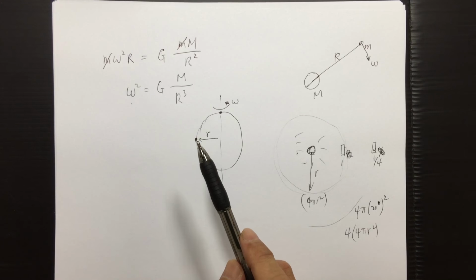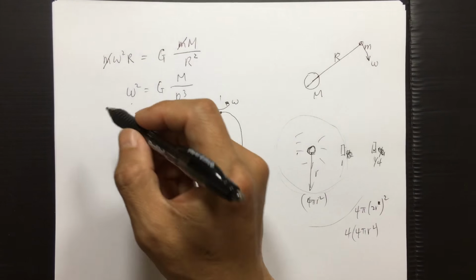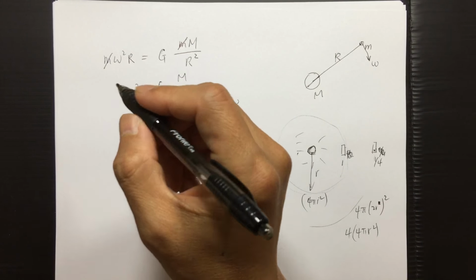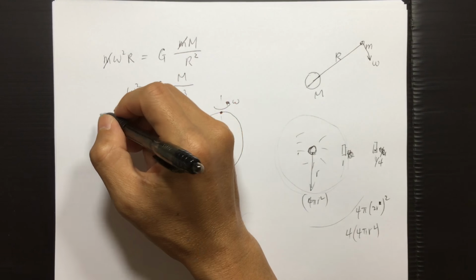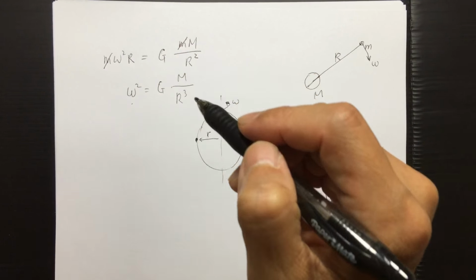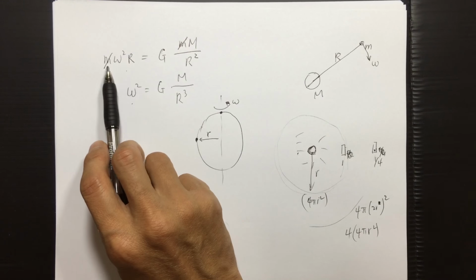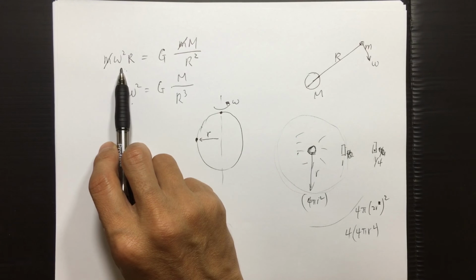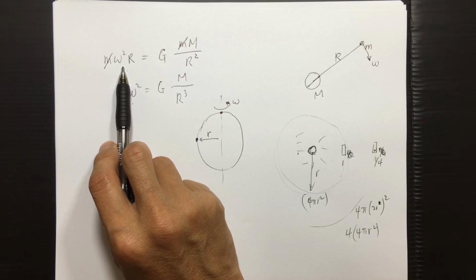So the gravity is mg, by the way. Gravity is an acceleration, right? You feel the acceleration down.